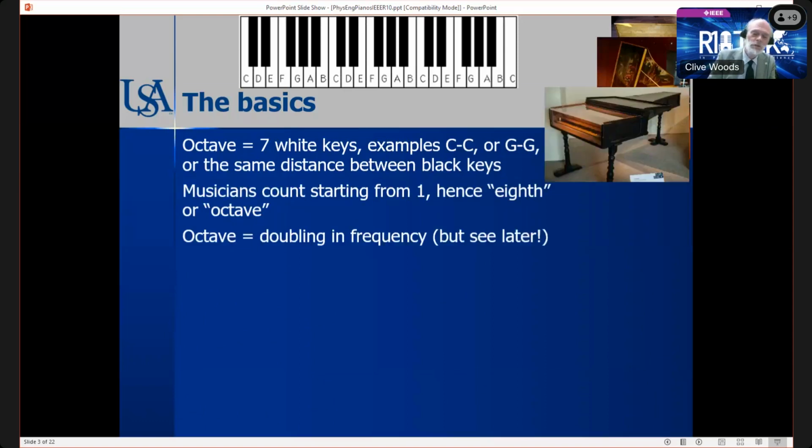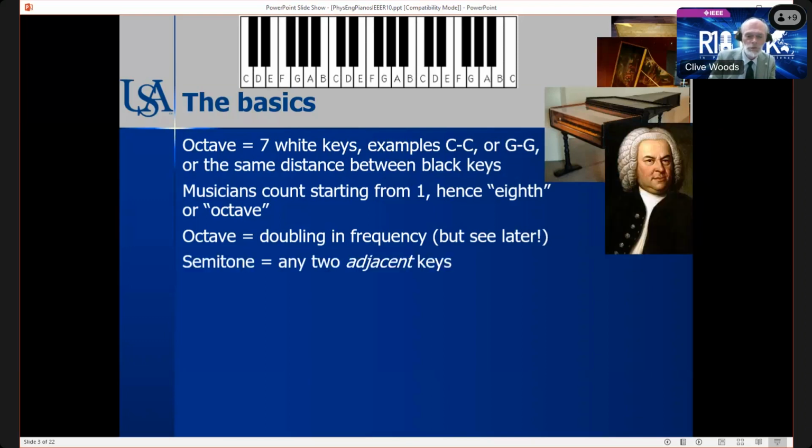And everybody knows that an octave means that we double in the frequency. By the time I've finished, you'll even be doubting that, I'm afraid. So you can't take anything for granted in pianos. Anyway, supposedly an octave means that we double the frequency.